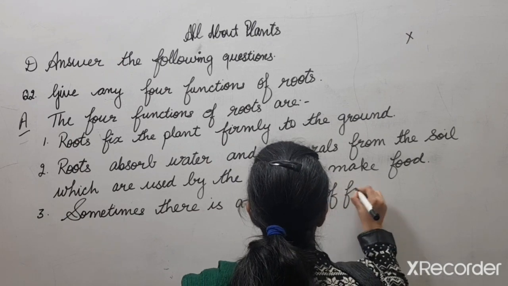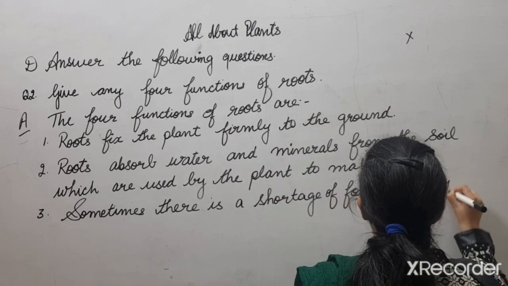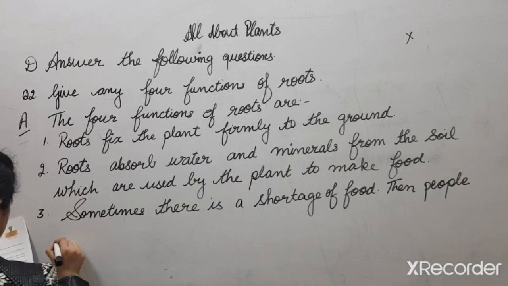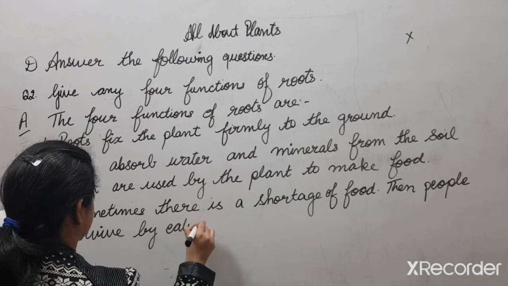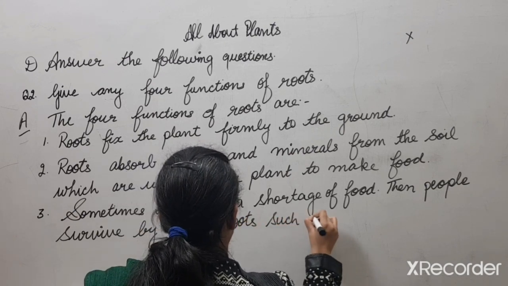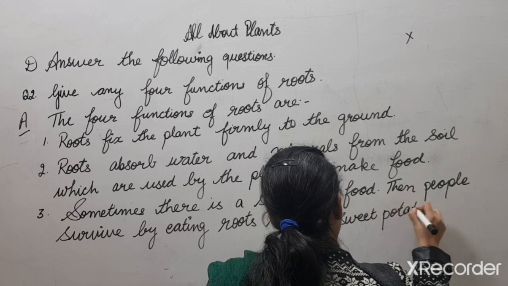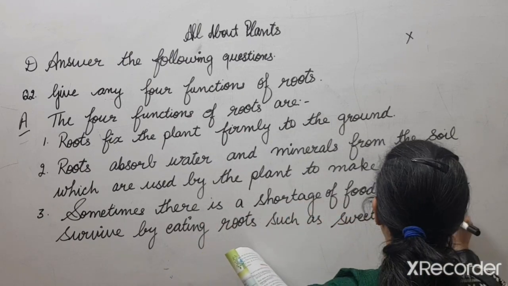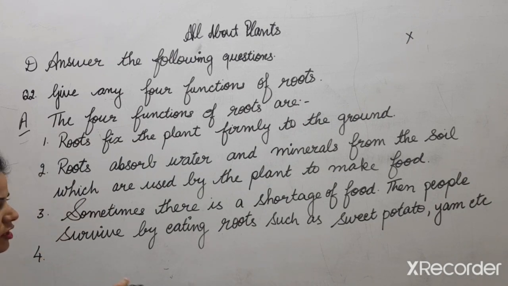Shortage of food, then people survive by eating roots such as sweet potato, yam, etc. When there is less food, then people survive by eating roots such as sweet potatoes and yam, etc.